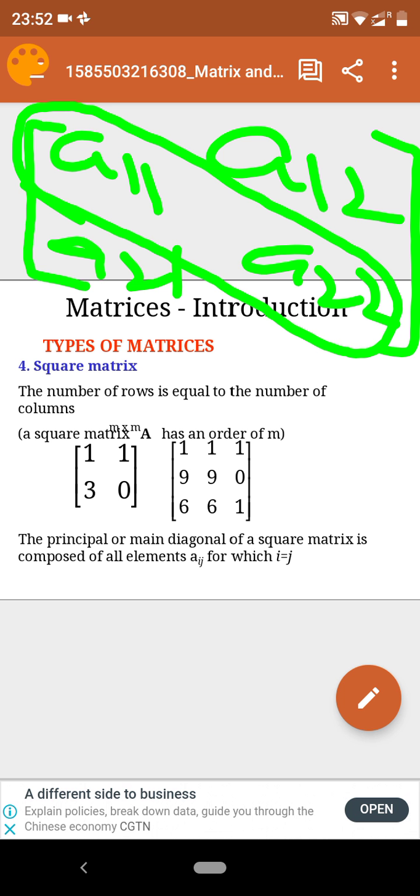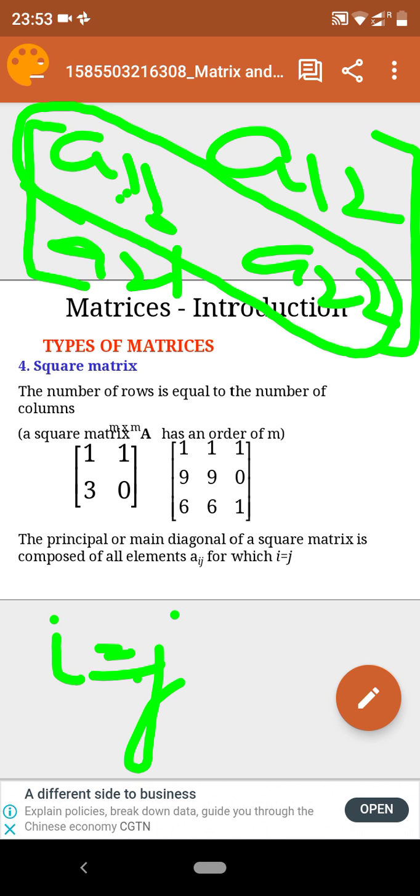This is what we used to say, i and j, right? This was i and this was j. So when i is equal to j, that is, the positioning of row and column is the same, that particular element in a square matrix is said to be an element of the diagonal.